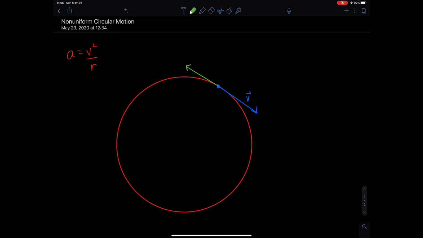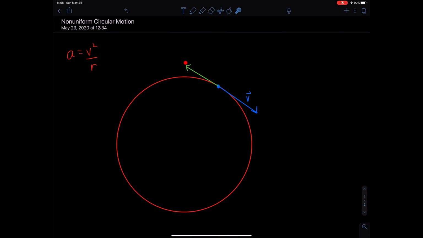But we saw in the acceleration vector video in uniform circular motion that since my velocity vector is changing its direction, there has to be some piece of acceleration that's responsible for that change in direction. This piece right here is exactly parallel, just in the opposite direction.